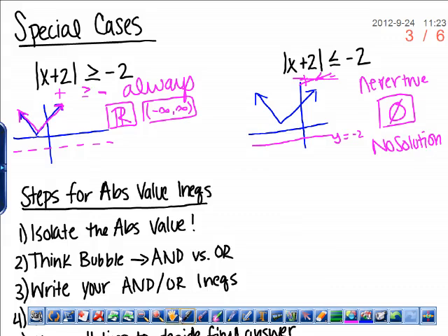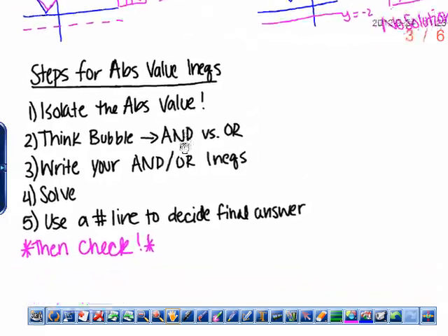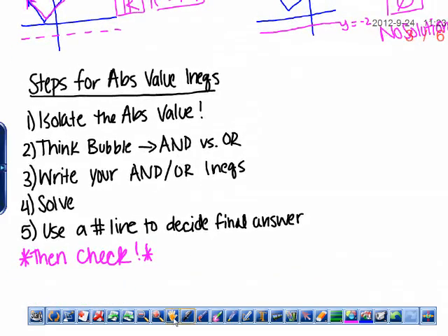Okay? All right. If you are the type of person that likes to have steps to solve things like I am, here are the steps for how you would solve your absolute value inequalities. If that won't help you, don't worry about writing it. I just wanted to give you the option.